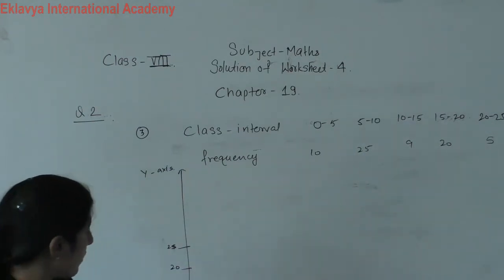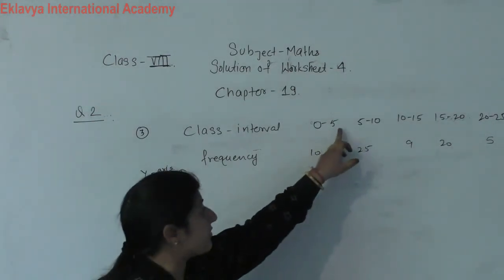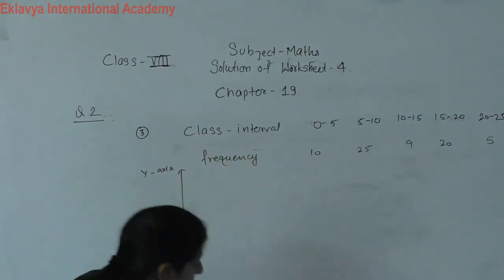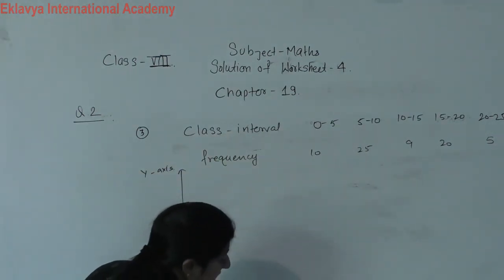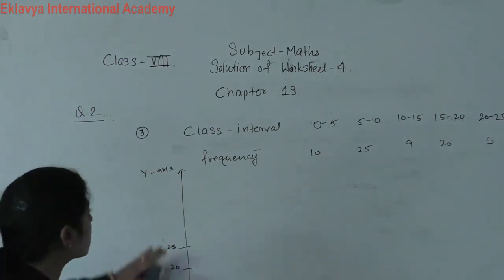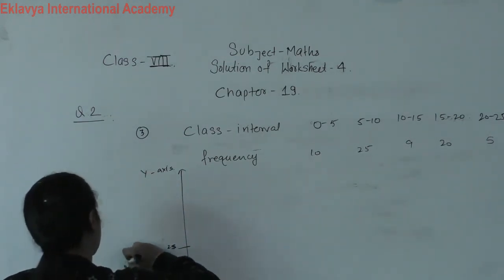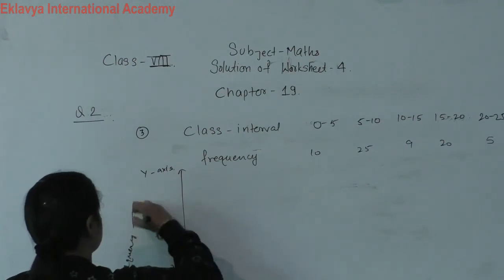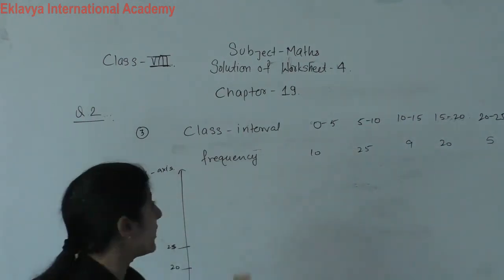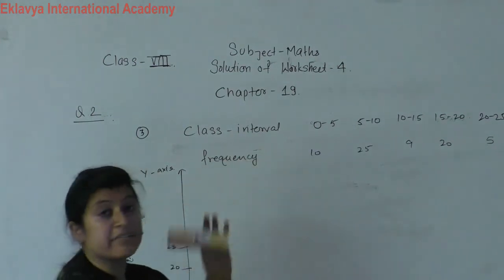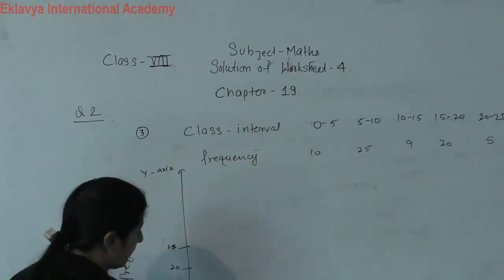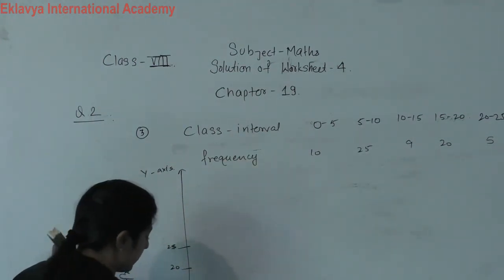So see how to draw it. 0 to 5, this is the class interval. So on the x axis we are representing the class interval, and on the y axis we are representing frequency. Then how to draw it? 0 to 5 has frequency 10, so we will show it like this.